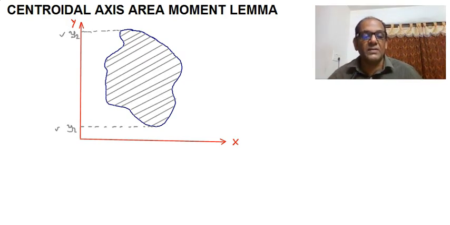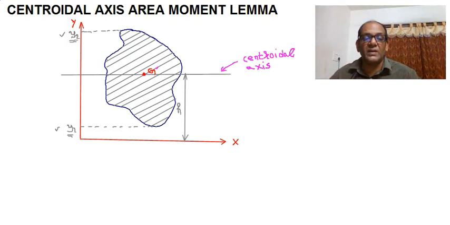Let us say that this area is bounded between y coordinates y1 and y2 as shown over here. Further, let us say that we have identified the location of the centroid and computed its y coordinate, shown in the figure here.